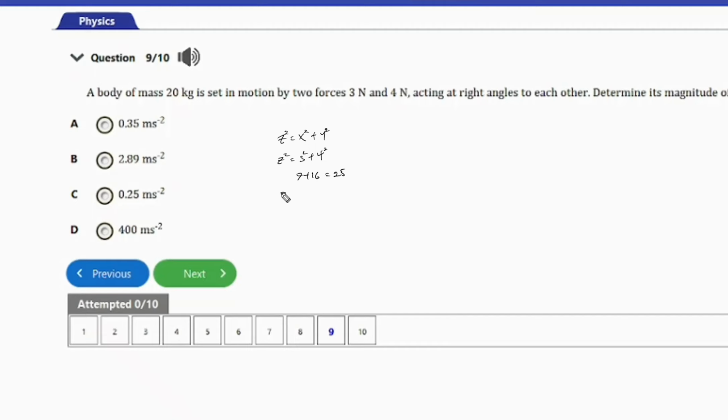So z alone is root 25, and that's 5. So the resultant force here is 5, guys. If the resultant force is 5, the acceleration will be the force over the mass. So that's 5 over 20, and that's 0.25. That's option C here, guys. Let's go ahead and consider the next and last question, guys.